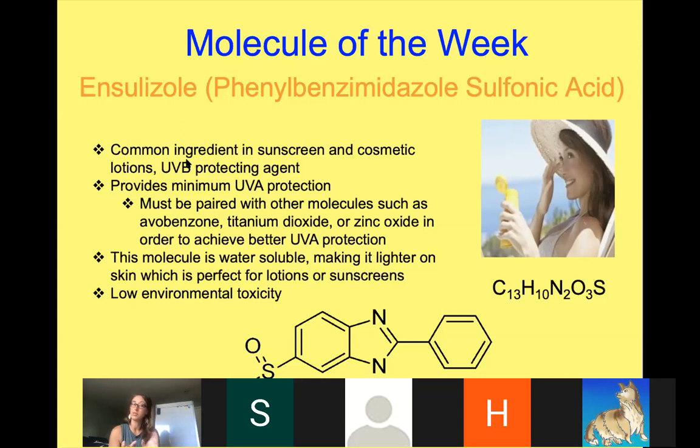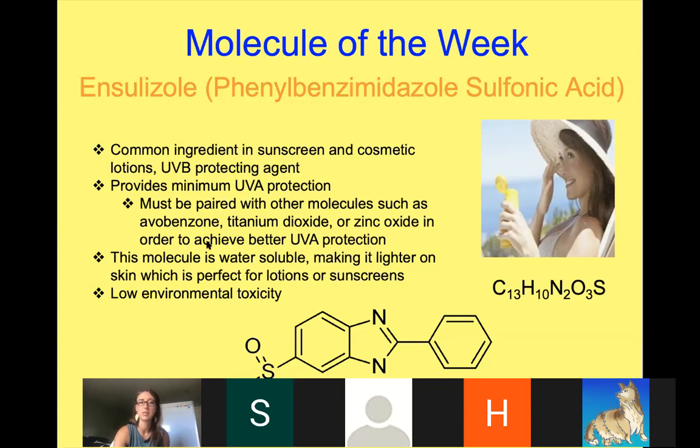So certain molecules are really good at absorbing or reflecting different parts of the UV spectrum. So this molecule is really good at reflecting those wavelengths in the UVB range. So that means that we're going to have to combine it with other molecules that are good at reflecting UVA and UVC to get a full spectrum of UV protection.